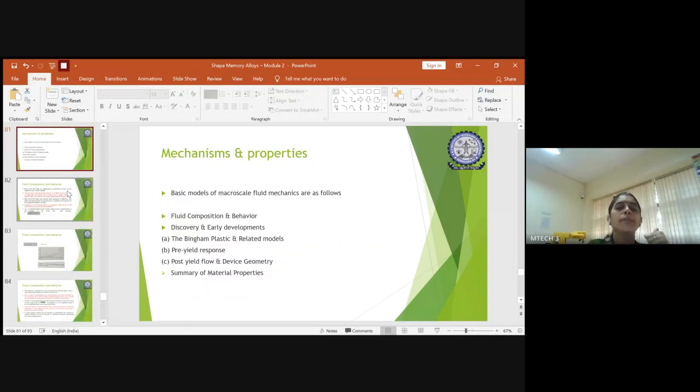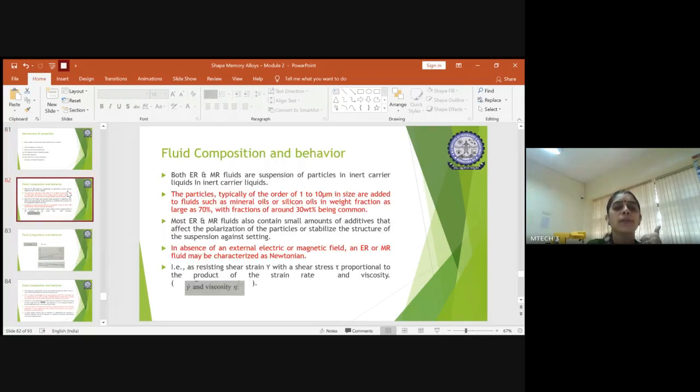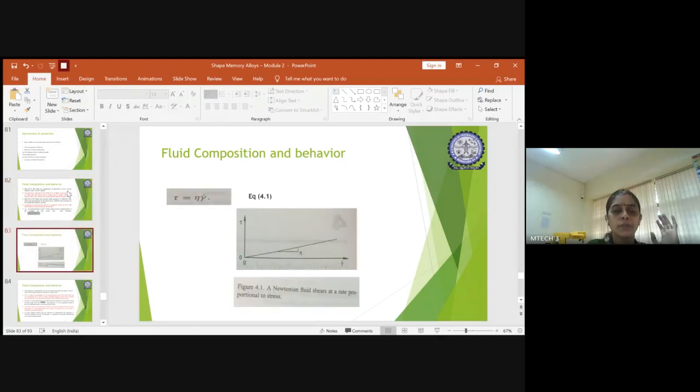So this is one of the mechanisms of our ER and MR fluid, which is the fluid composition and behavior. It tells you what the composition of the ER or MR fluid should be, and with the proper composition, how the behavior of the fluid changes. We analyzed this in general with respect to Newtonian and non-Newtonian fluids.